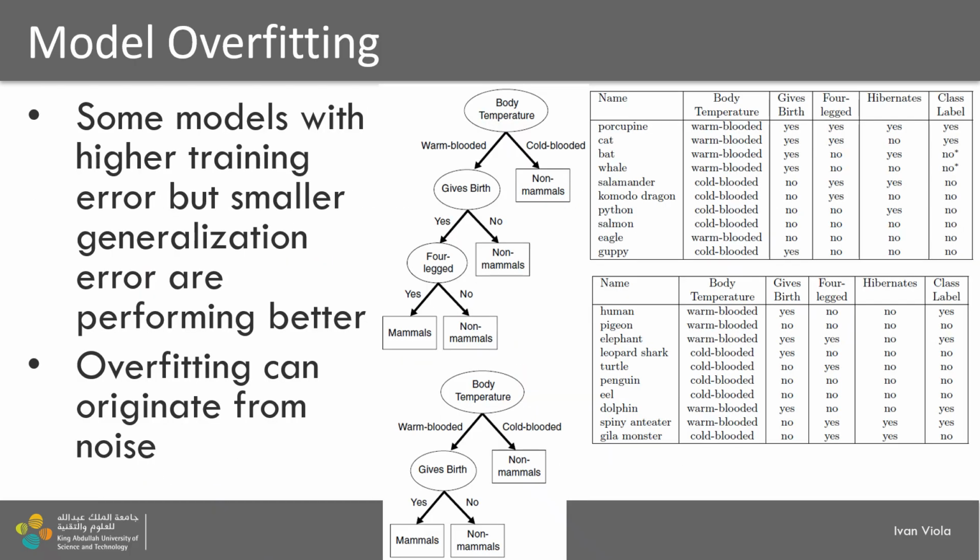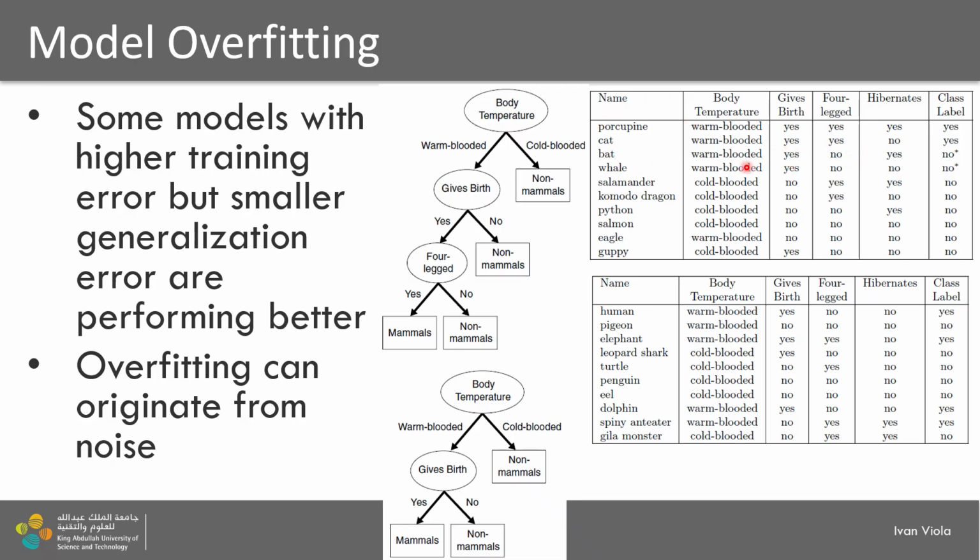So, what is the reason for overfitting? Overfitting can originate from various reasons, and one of them could be, for example, noise. Imagine that we have a certain noise in our training data, meaning that we have some classifications which are not perfect.